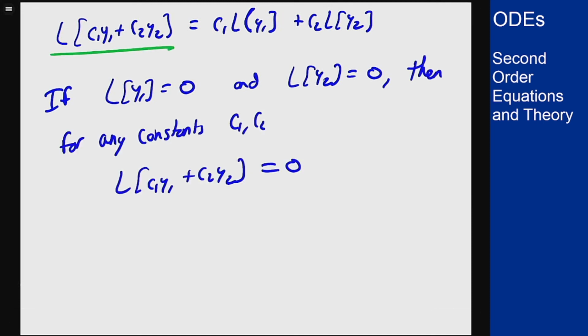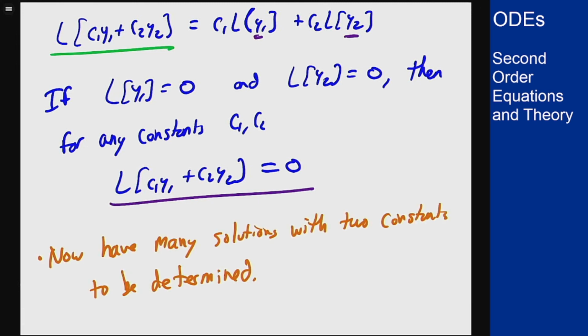This is great because from two individual solutions, y1 and y2, we have built up an entire wide array of solutions for different choices of c1 and c2, which are two constants to be determined.